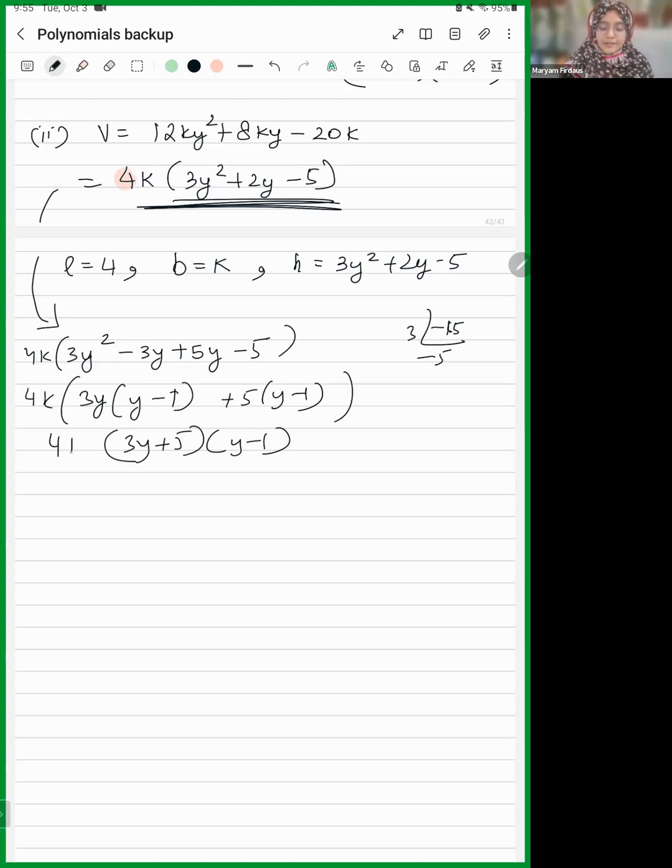So your three factors now become 4k, 3y plus 5 and y minus 1. So in this case, your length is 4k, breadth is 3y plus 5 and height is y minus 1. So there are both ways in which you can do this question.